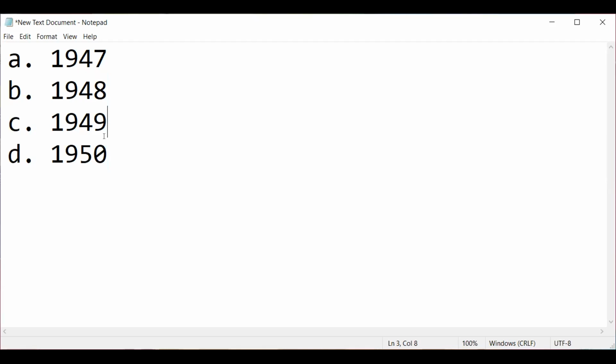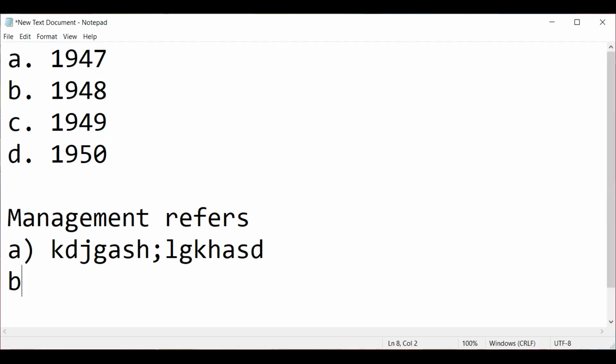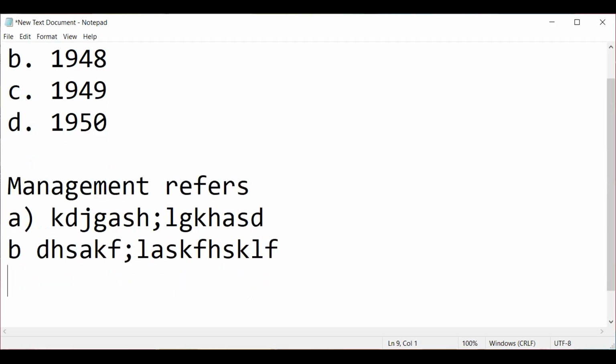When it comes to a better constructed item, it should not be too tricky and it should not be lengthy also. Say, for example, I'll give you another example. Management refers. I have given here an option with a lengthy answer. The second option with a lengthy answer.